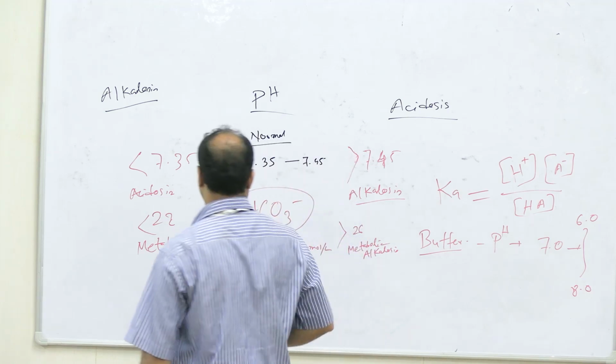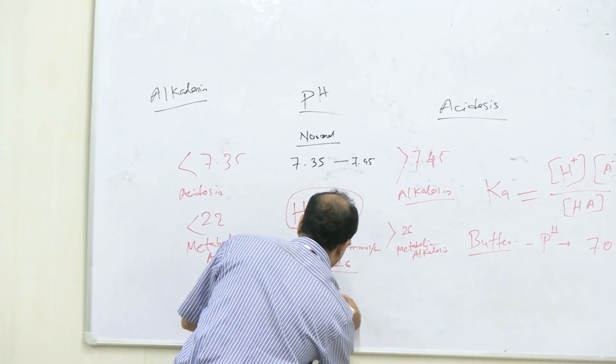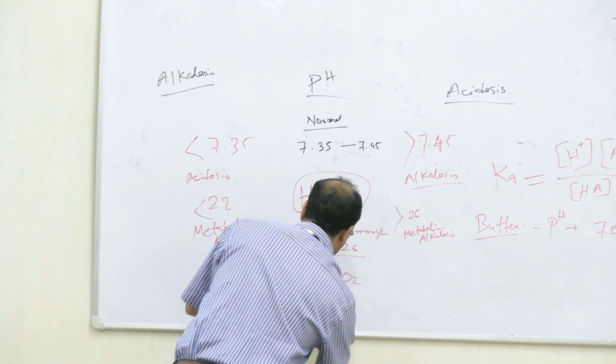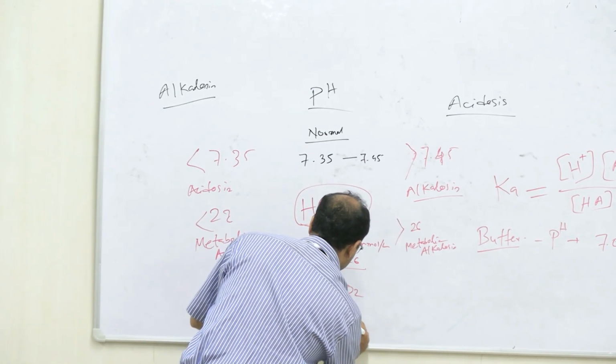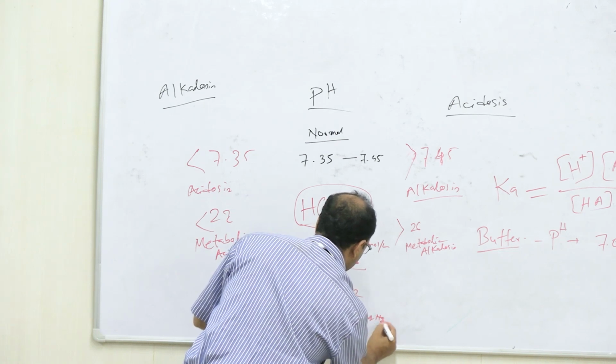When PCO2, the partial pressure of carbon dioxide, normal range is 35 to 45 millimeters of mercury.